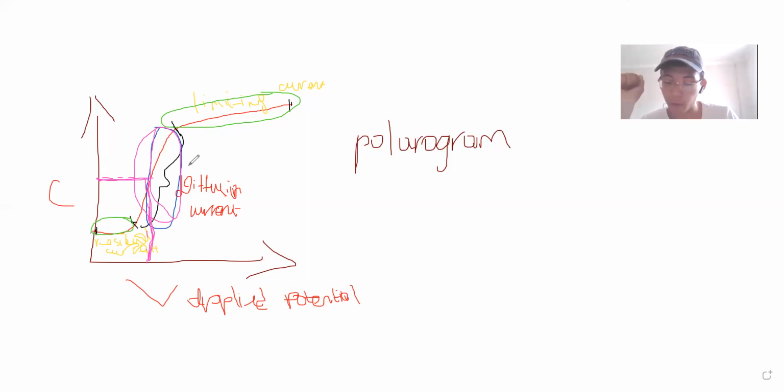So as I said before, the diffusion current depends on the concentration of the substance, but the half-wave potential does not depend on the concentration. So it was pretty good, guys.